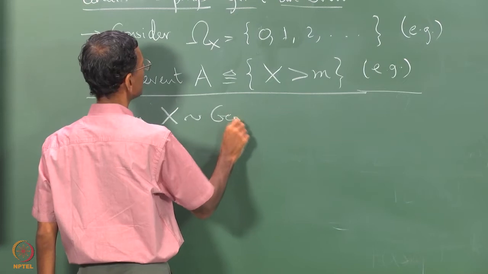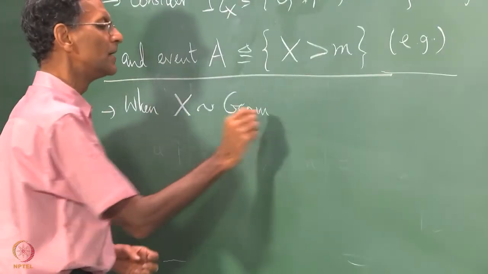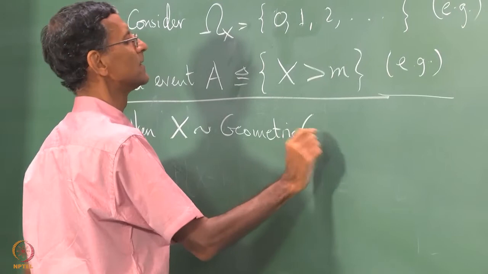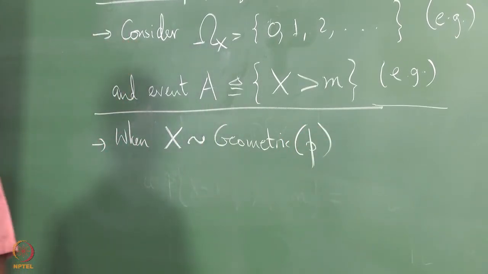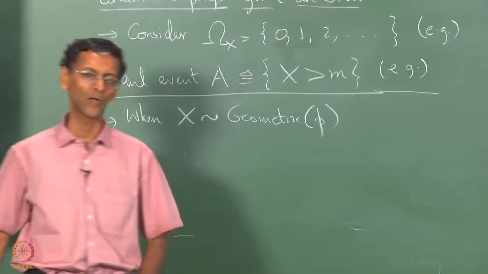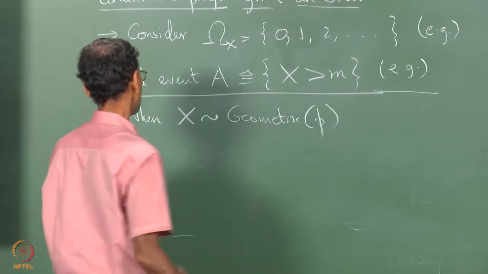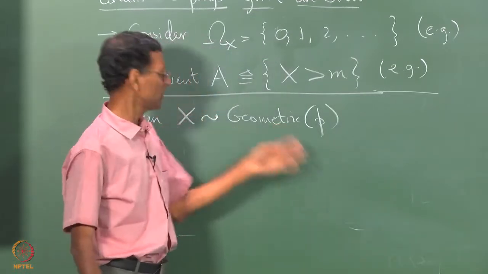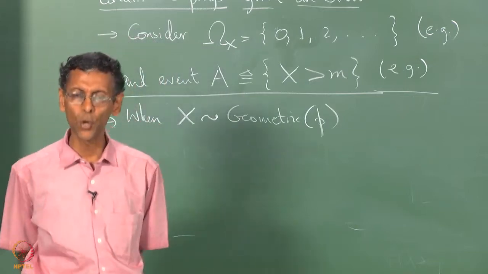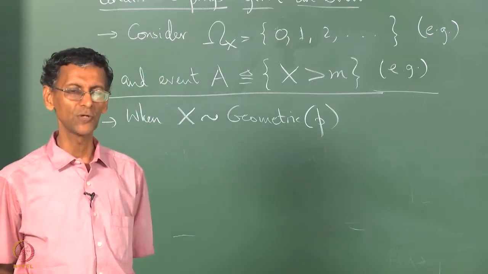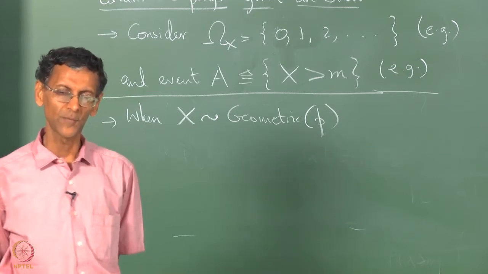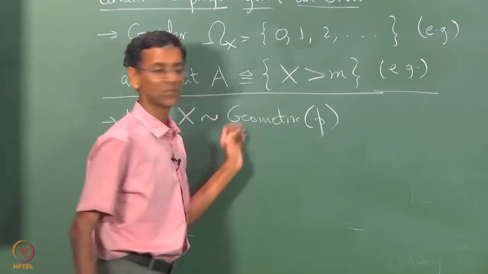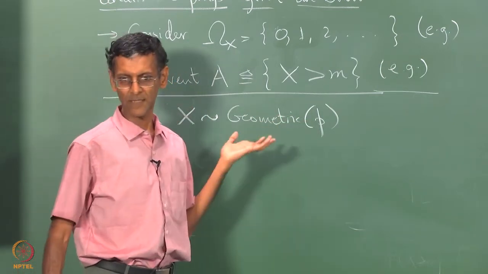You write the name of the PMF in some form, we can expand it in full, geometric p, and you use this tilde notation to indicate that this random variable X has this PMF, or later on PDF, whatever. And this geometric I am writing out in full because there seems to be no universally accepted shortening of geometric or Poisson or binomial. So you might as well write out the full word.